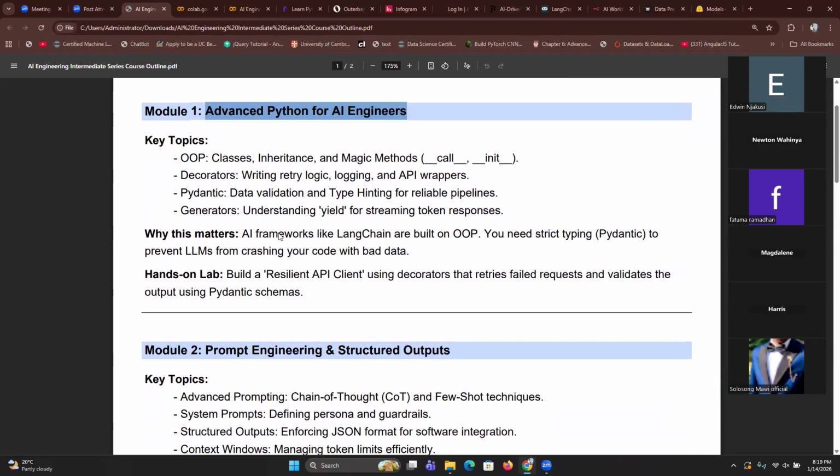After we have completed our advanced Python modules, I would love, for those who are available, it's not mandatory, but if you are available during the day, we could have physical classes in Nairobi CBD.